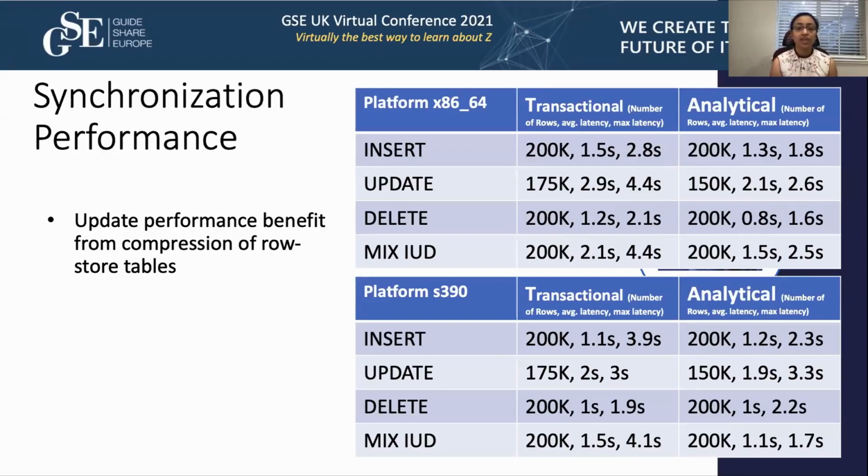We have a maximum of 200,000 rows per second. In the case of inserts, we have an average latency of about 1.5 seconds and a max latency of about 2.8 seconds. In the case of analytical, it is 1.3 seconds of average latency for the same workload size, and 1.8 seconds maximum latency.